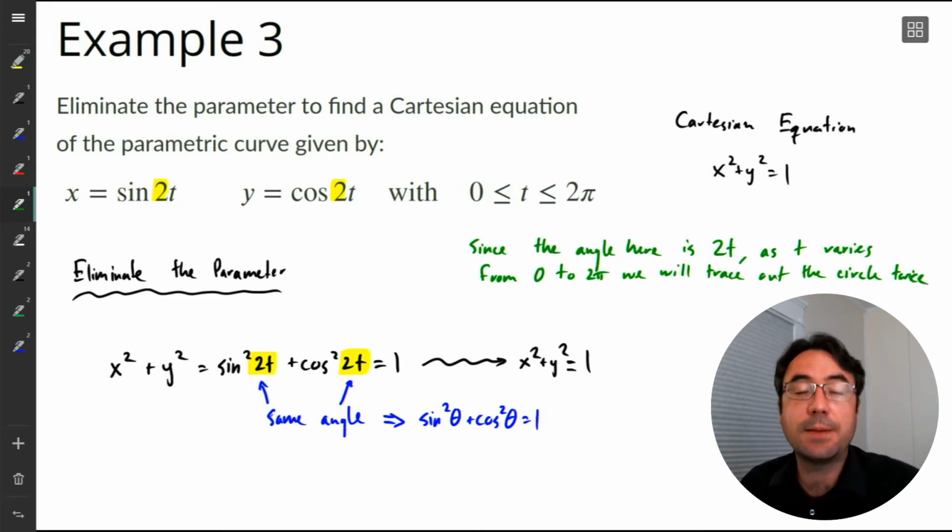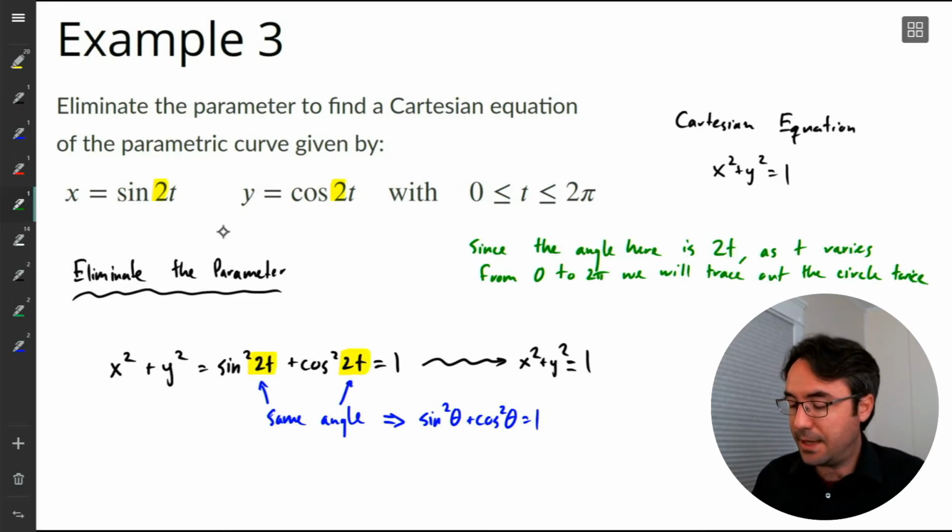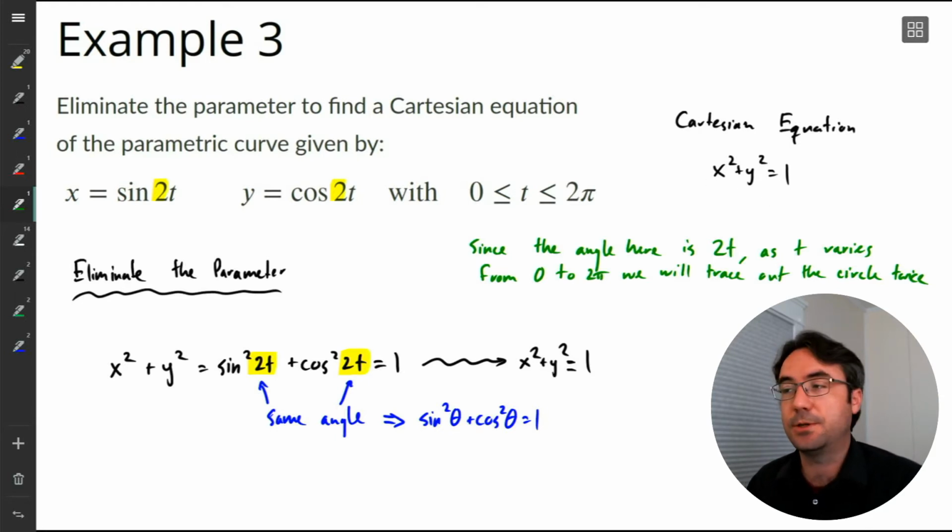There's starting and stopping points. There's a direction that we travel along the curve. There's how many times we go through it. So there's a lot more information that we have here, but the Cartesian equation gives us what the underlying shape is, essentially.